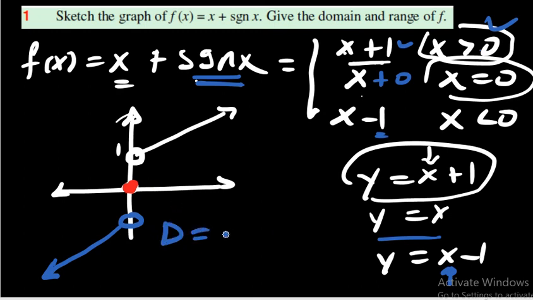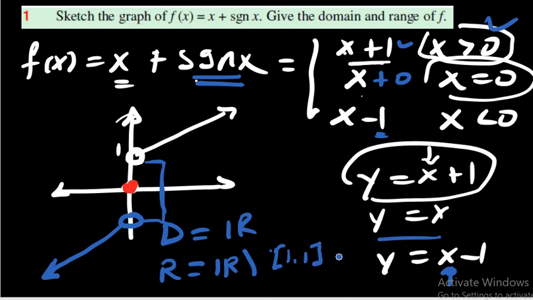What is the domain? The domain is the set of real numbers. What about the range? The range is the set of real numbers, but without an interval. We have to exclude the interval from negative 1 to 1, union the 0.